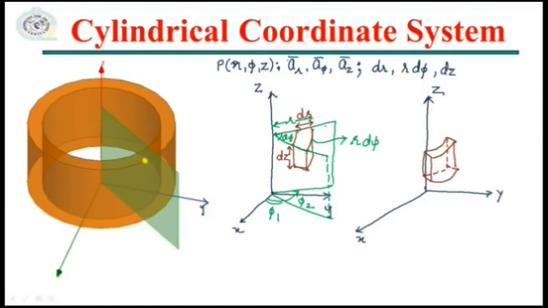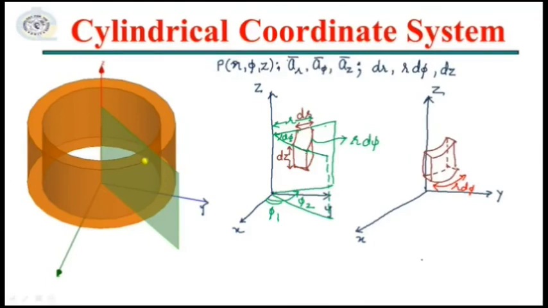Let us look at this face, the one that is facing us on the outside. Let's consider that area. This area will be defined by this length into this length. So what is this length? This is dz into, you have here r d phi. This is the arc length, r d phi, and this is our height.